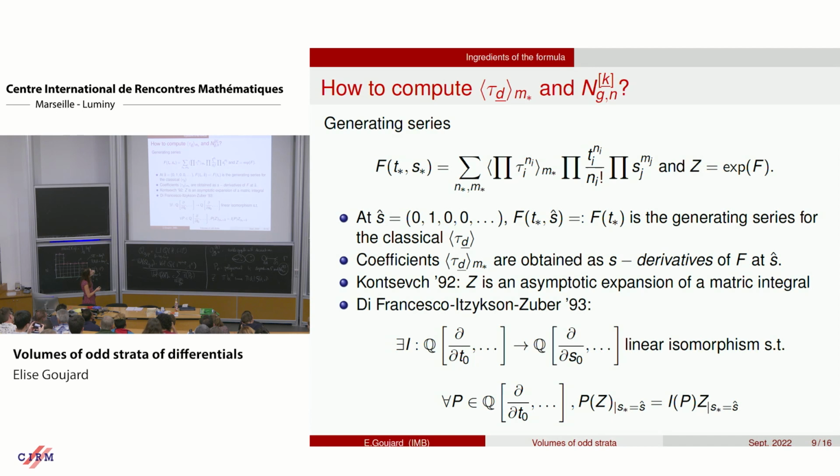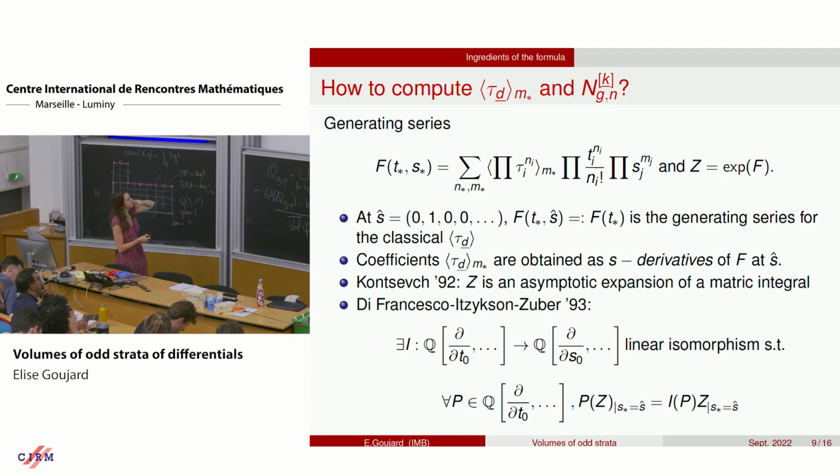You have two sets of variables: the variables that correspond to the powers of the psi classes, and the variables that correspond to the valences of the vertices of the graph, the m_i. If you restrict to the point 0, 1, 0, you actually recover the classical generating series for the classical intersection numbers of psi classes on M_g,n bar.